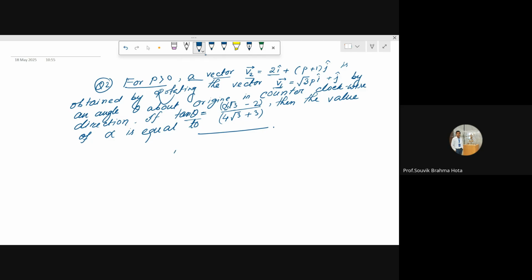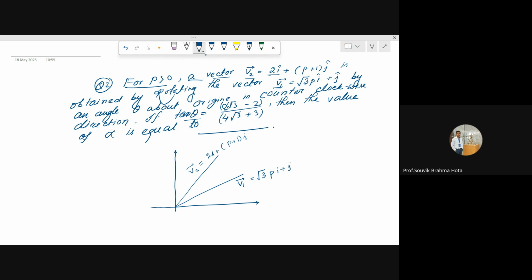Now if I represent with the axes, suppose this is your v1, and v1 is actually root 3 p i plus j, and v2 is 2i plus (p plus 1)j.